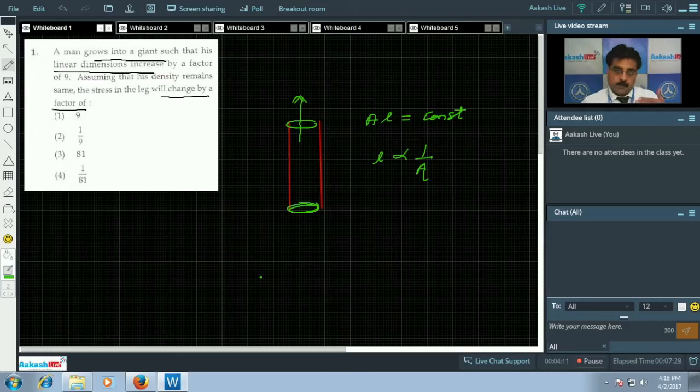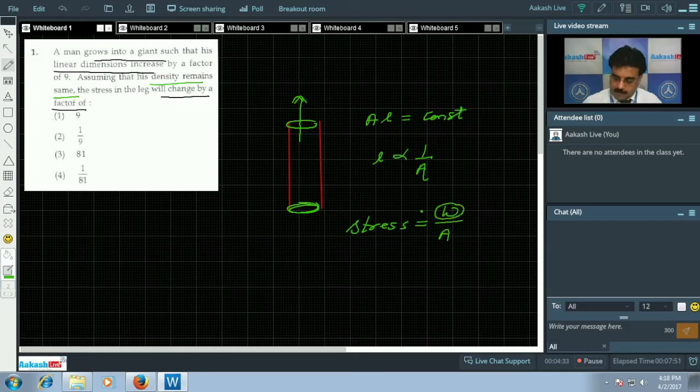But according to the concept of stress, we can write stress is equal to force upon area. So I am using weight because the question says density remains the same. So weight will be constant.